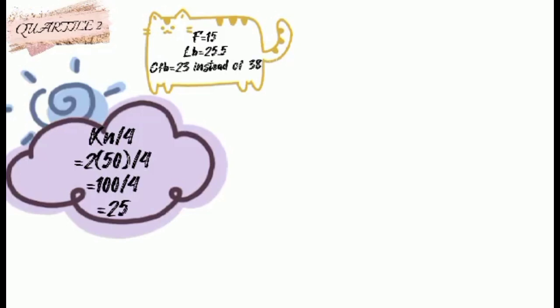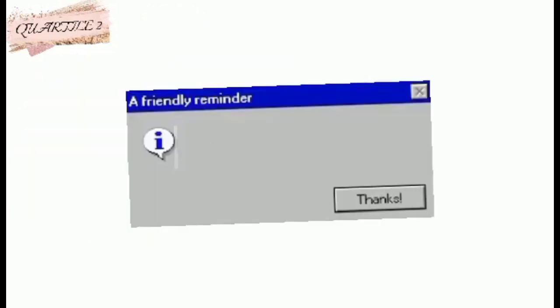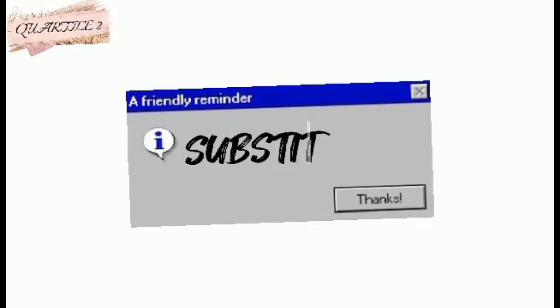But since we're getting the cumulative frequency before, then we got 23 instead of 38. Now, let's substitute our given and solve. Now, we're getting our second quartile, and this is the solving process we're going to do.